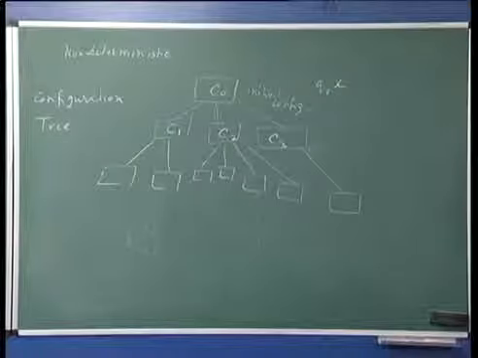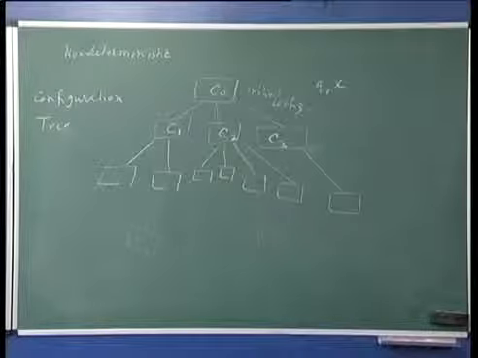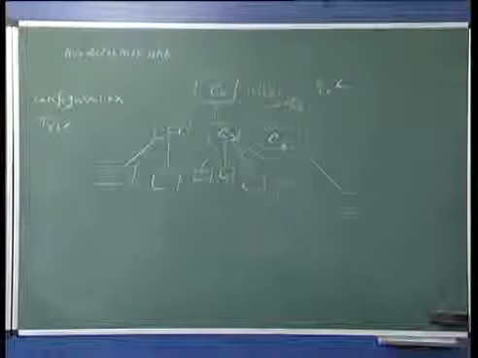How do we do that? Basically, we will update the same formalism that we used to explain what we mean by acceptance by a deterministic machine.